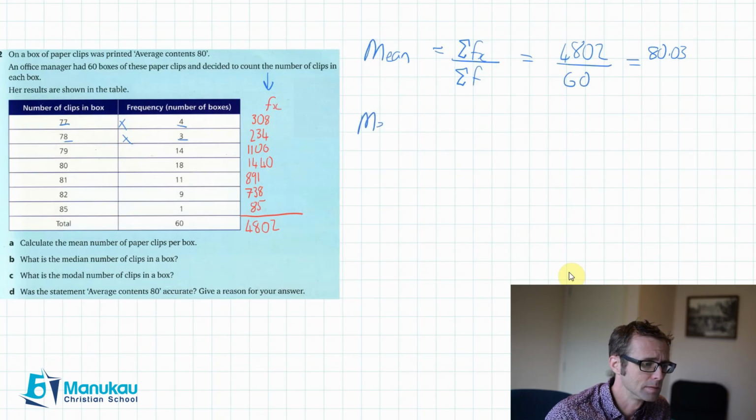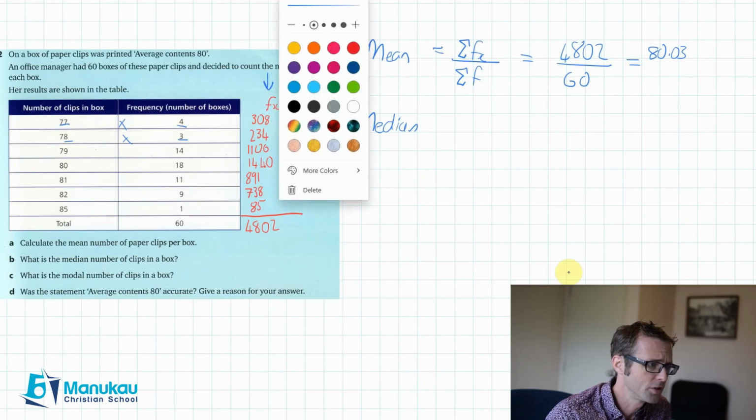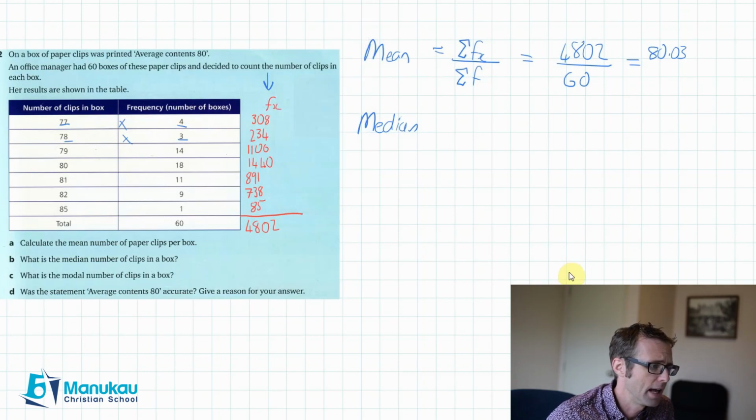Now we're going to work on our median number. Now, to find a median on a table like this, what we need to do is look at how many we've got in total of the boxes. We've got 60. So halfway of 60, we're looking at the midway between the 30th and 31st box. So you start counting from one end. So 4 plus 3 is 7.